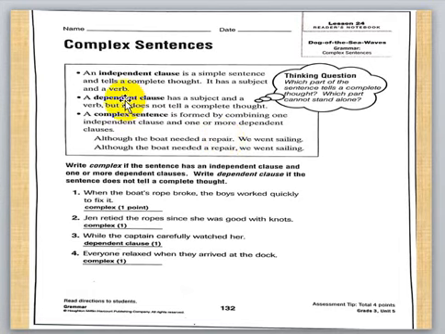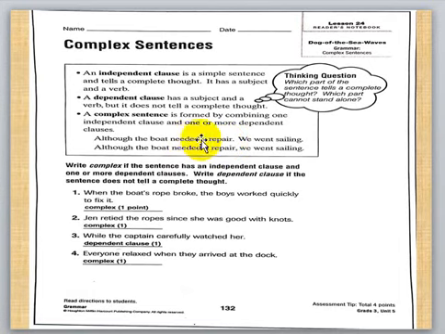Dependent means it needs an independent clause, needs another sentence to be understood. I didn't understand a complete thought. I need another sentence to make a clear and complete idea.